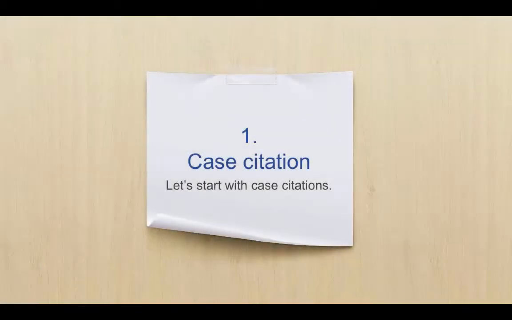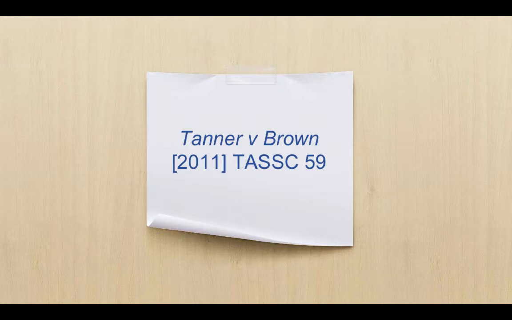So the first thing we're going to look at is the case reference or case citation. Before we begin, we'll just have a look at an example citation. Here you have two parties, Tanner and Brown, the year, and then the location of the case. A couple of things to note. Criminal cases are usually prosecuted by the Crown, which is represented by R, or the Queen.